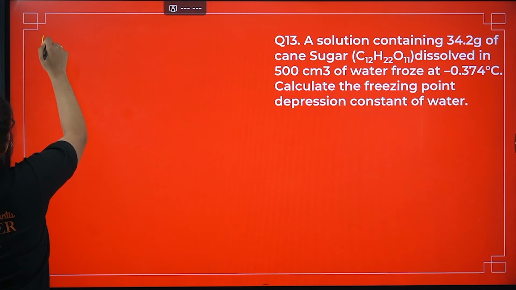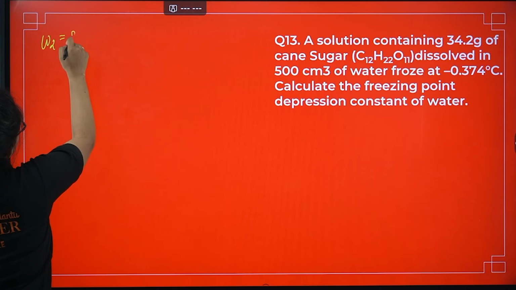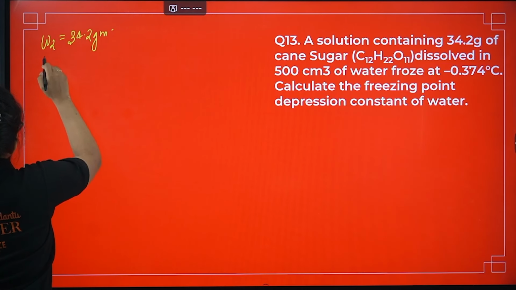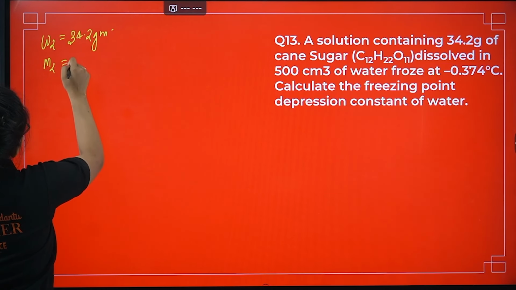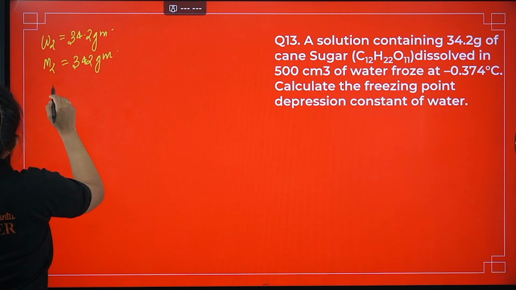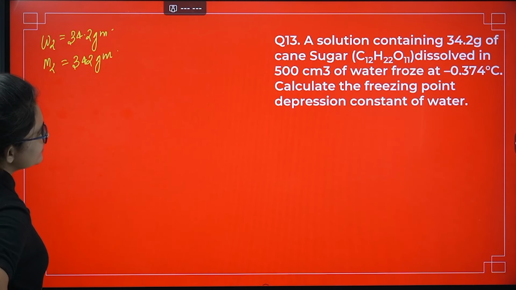Weight of cane sugar is given, that is 34.2 gram. Molecular weight we know, that is 342 gram.